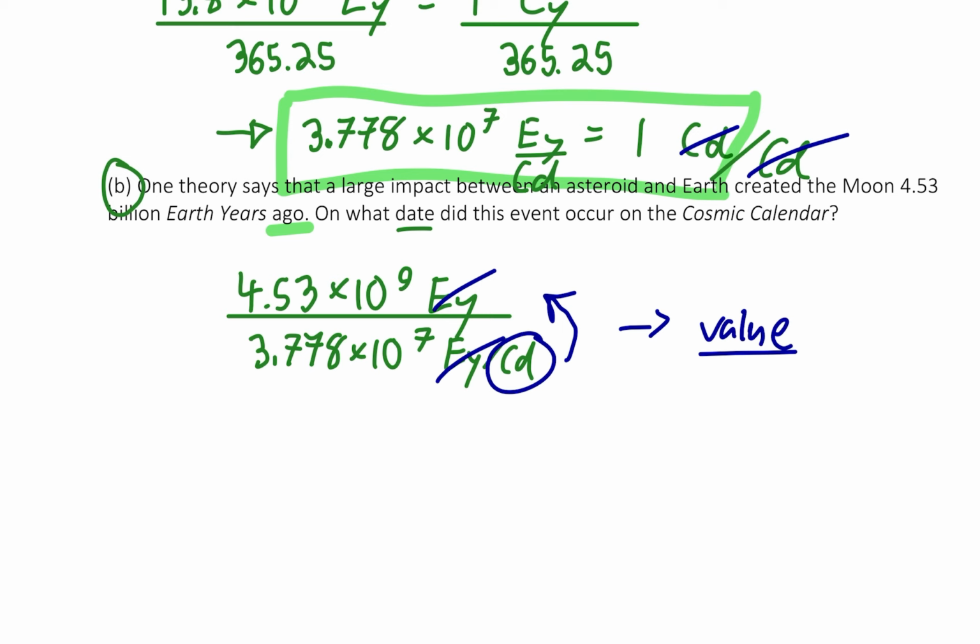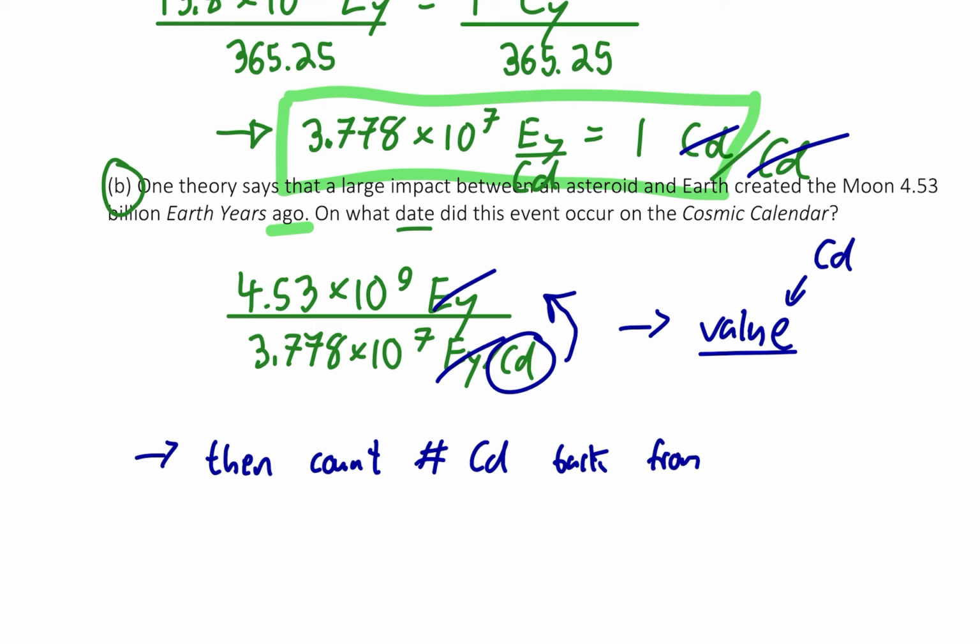All right, so then the last step is we'll say count the number of cosmic days, because your value is going to be in CD, the number of CD backwards from December 31st.